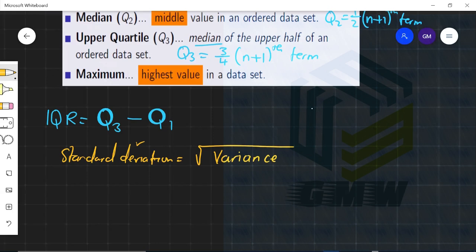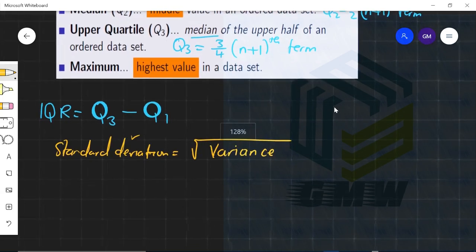We are looking at the relationship between variance and standard deviation. We said standard deviation is equal to the square root of variance.